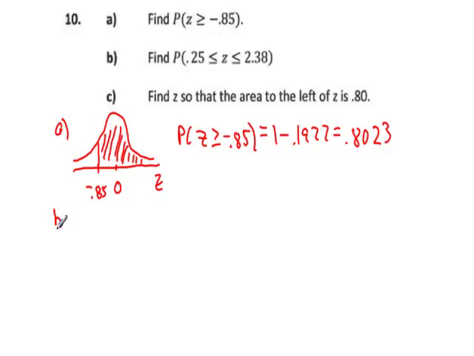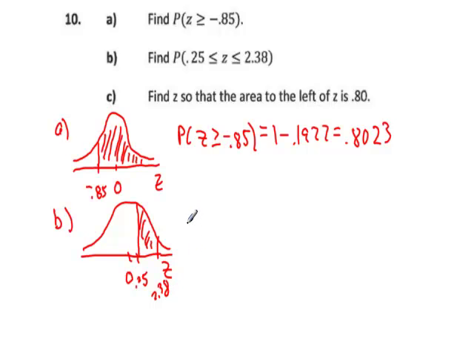So in B, we're asked to find more probabilities corresponding to the z variable, which again is mound shaped, has a mean of 0, standard deviation 1, and this time we're looking for the probability z is in between two numbers. So between 0.25 and 2.38.